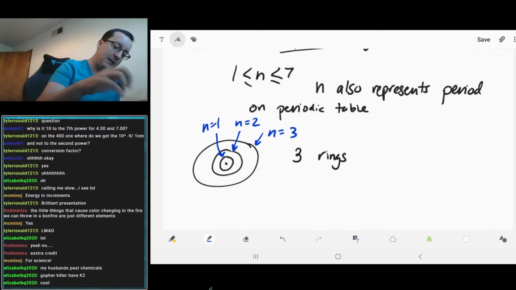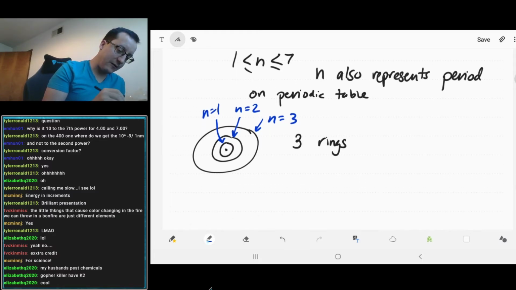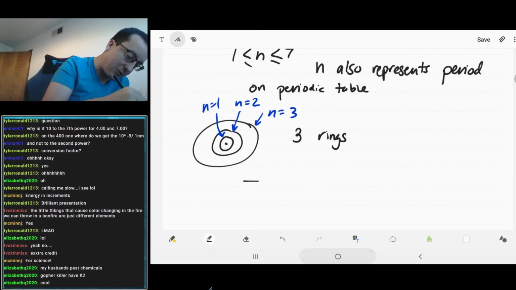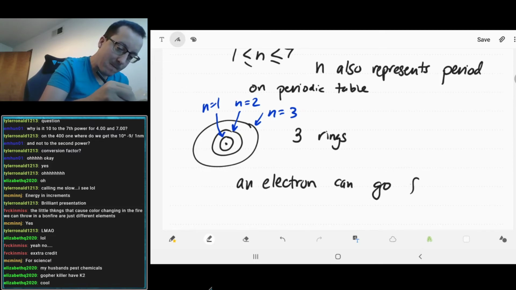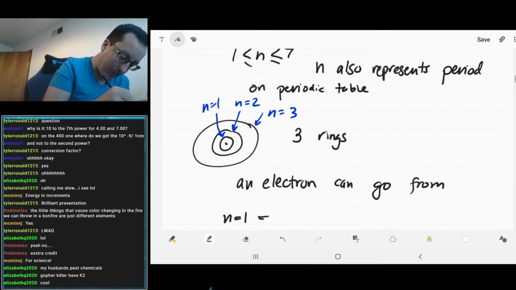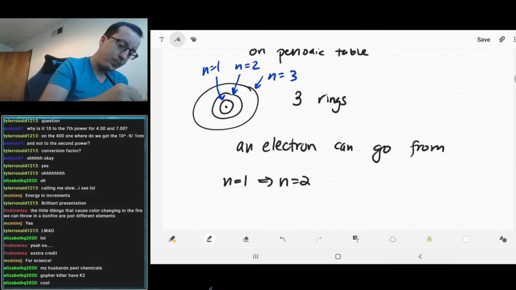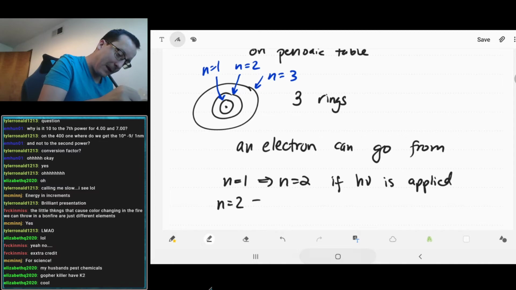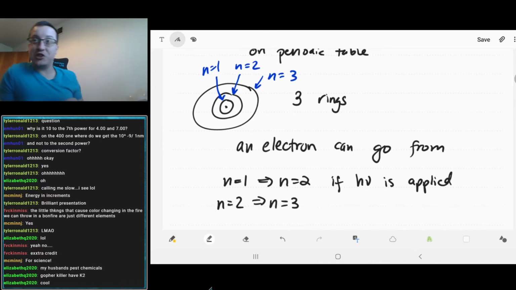And so we're going to see that an electron can be excited from a particular principal quantum number, or a shell, if we give a particular amount of light to it.